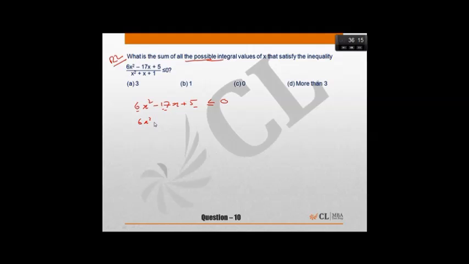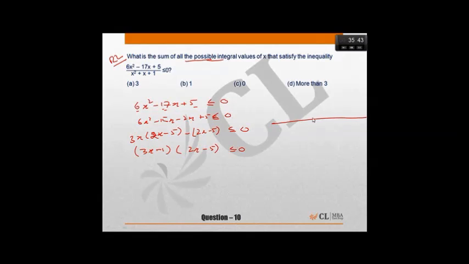So 6x square minus 15x minus 2x plus 5 should be less than or equal to 0. 3x taken out, 2x minus 5, minus 2x minus 5. So 3x minus 1 into 2x minus 5 should be less than or equal to 0.